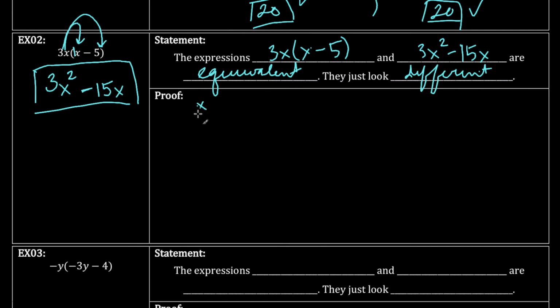So I'm going to make x equal to, I don't know, 4 this time. So we have 3x times x minus 5, which should be equivalent, I'm going to show this the other way, to 3x squared minus 15x. And I'm going to substitute in a 4 for x.